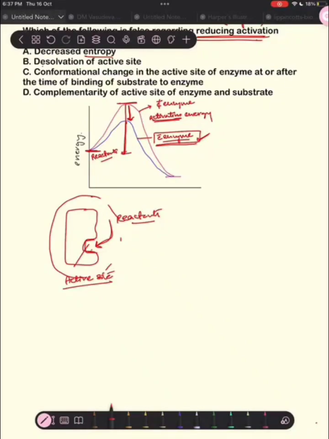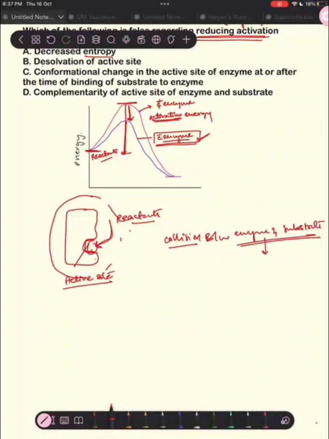Here is where the reactants are going to be reacting. This is the active site of the enzyme. Between the enzyme and the reactants there is a collision, a collision between the enzyme and the substrate molecules or the reactants.